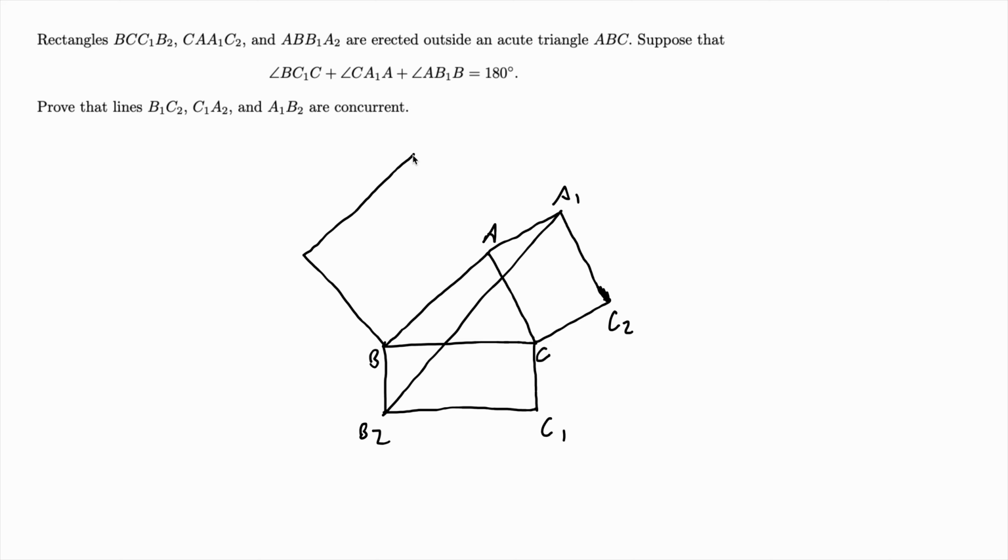So when we connect these two, A sub 1, B sub 2, and C sub 1, A sub 2, they're concurrent. This is a point.